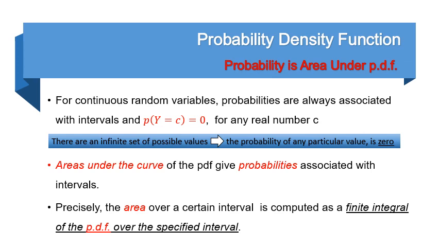No. In order to get an area, to get a probability, I need two vertical lines to get an area in between them and the curve. But at a specific point, there is no area. The area at a specific point will be 0. So the probability that Y equals c is 0.